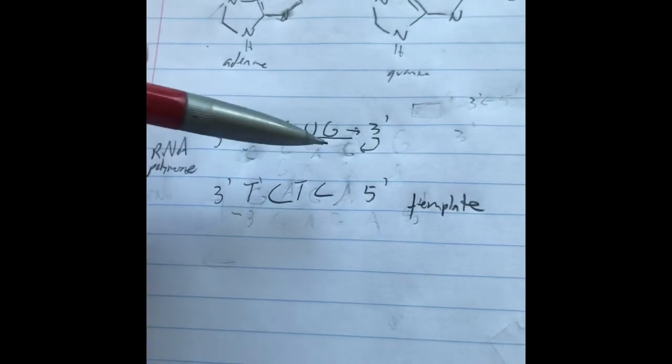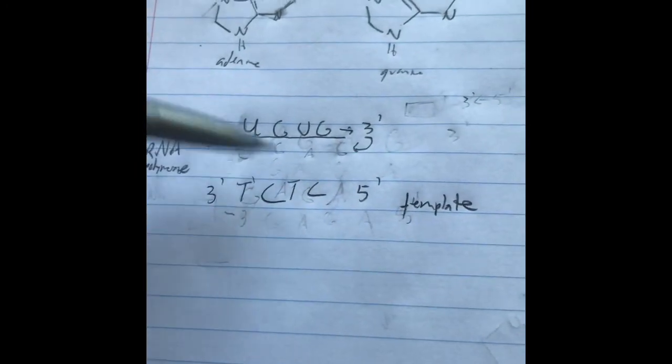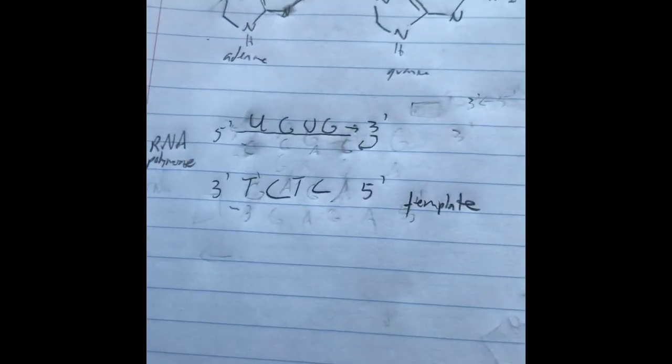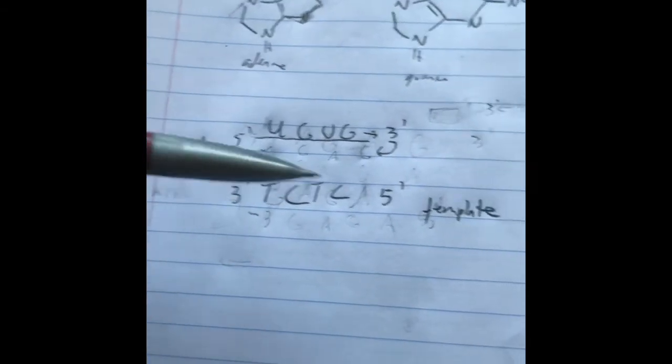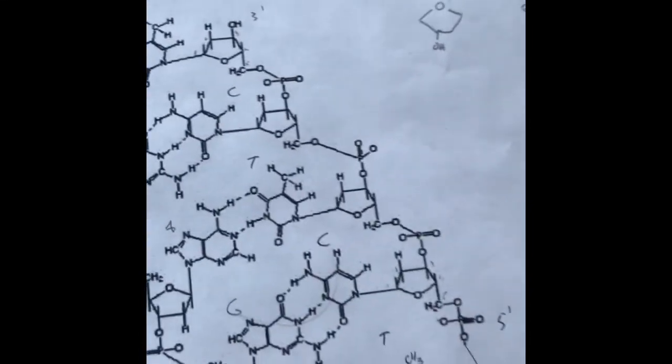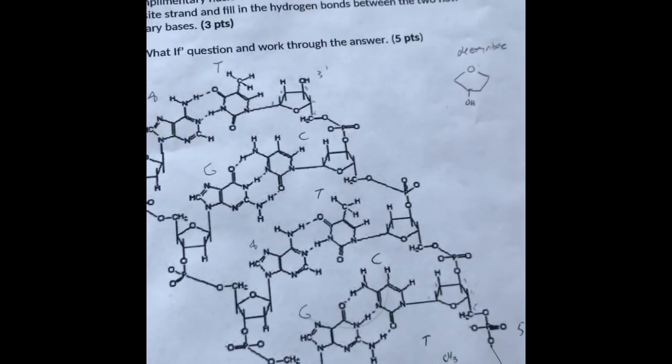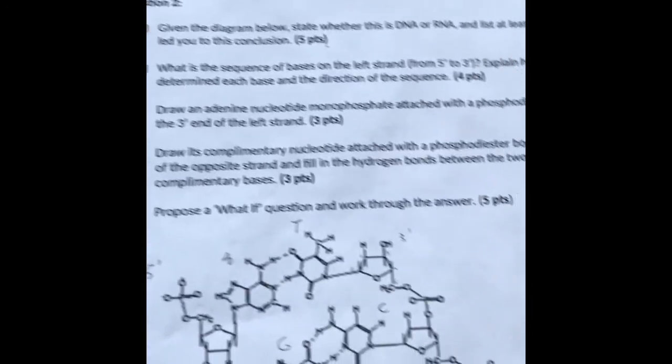It's going to be adding along here as its base pairing, RNA polymerase. Yeah, so it's just a short little transcript, but that's how that would work if this was our template strand in transcription. Alright, I think that answers everything.